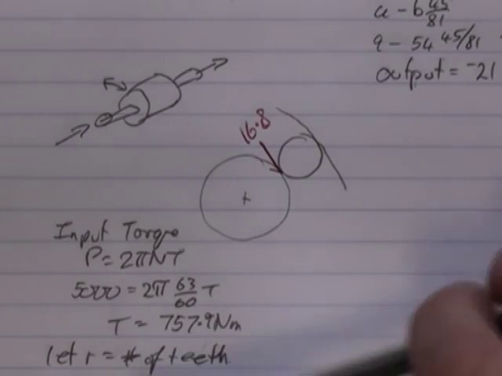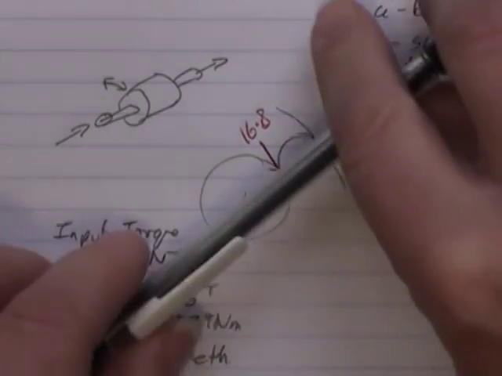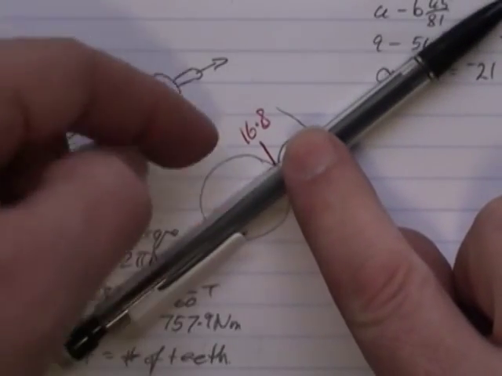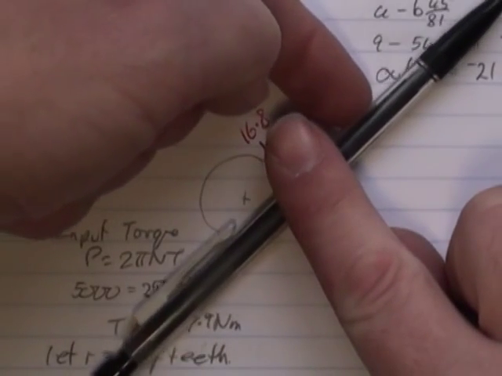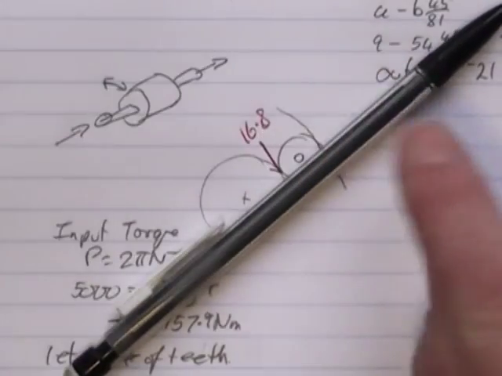Okay, this is my planet gear, pivoted on a pin. So this is a thing where it's able to rotate around that pin. So if I'm pushing here with 16.8, then I must push on the other side with 16.8 as well, in order that this thing will be balanced about that pin.